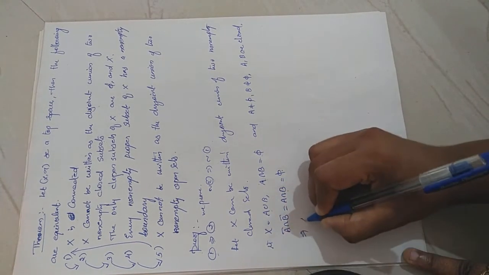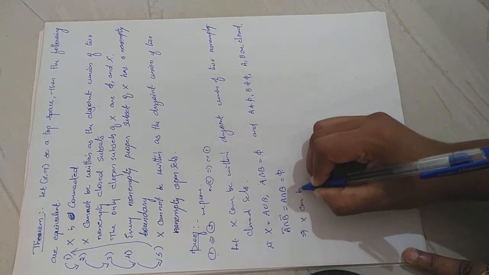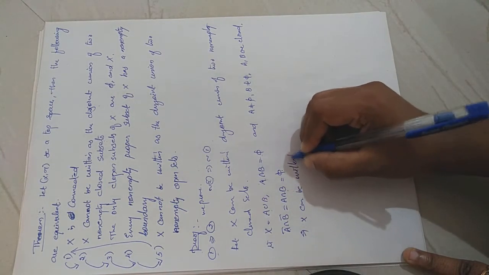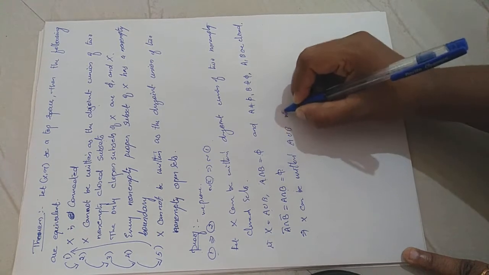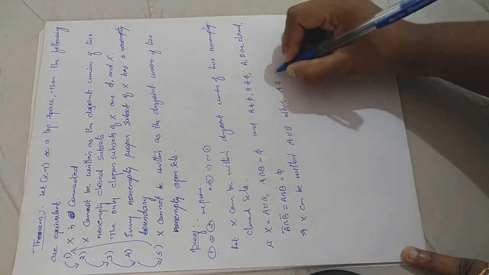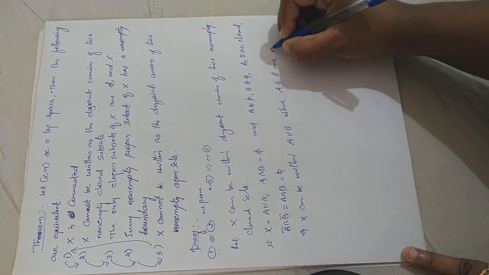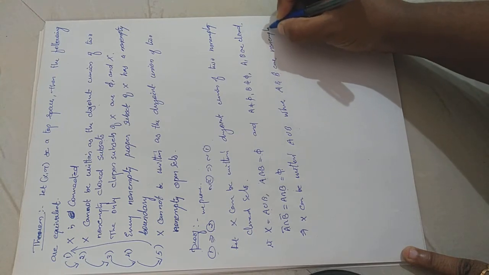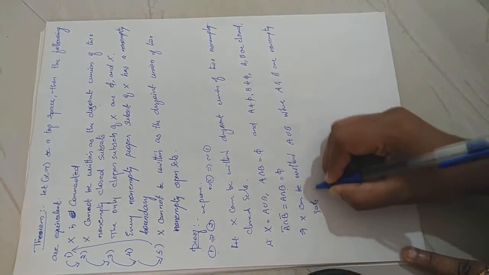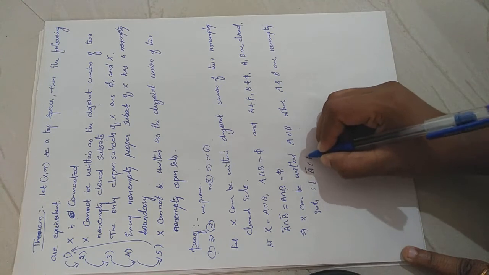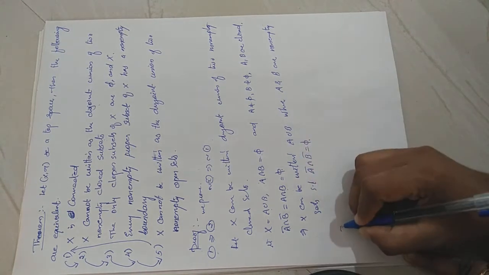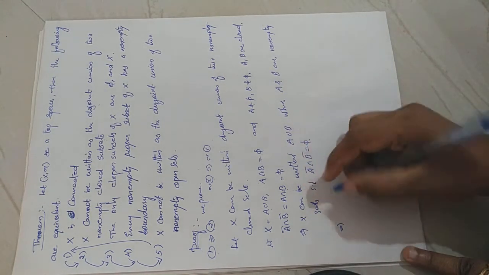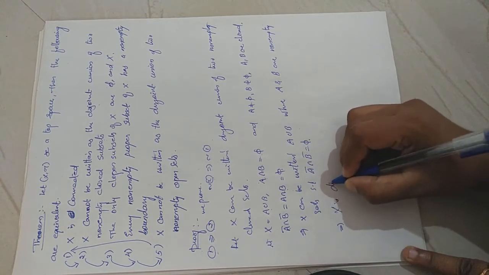Which means X can be written as A union B where A and B are non-empty sets such that A closure intersection B closure equal to empty, which by definition says that X is disconnected.